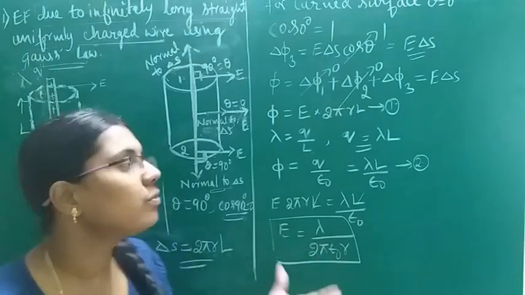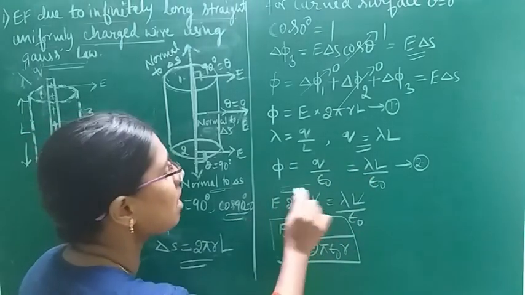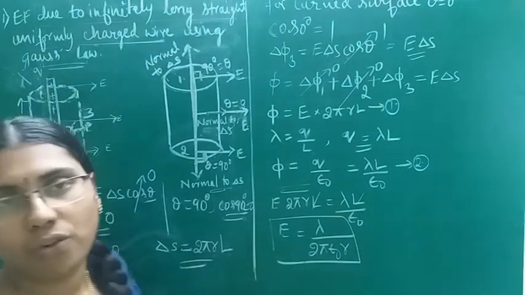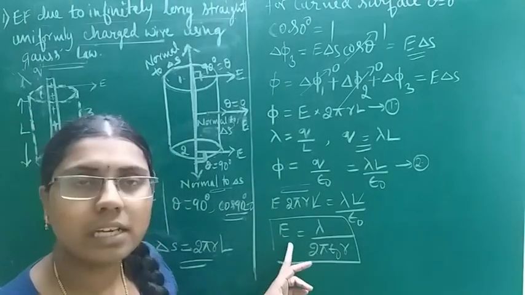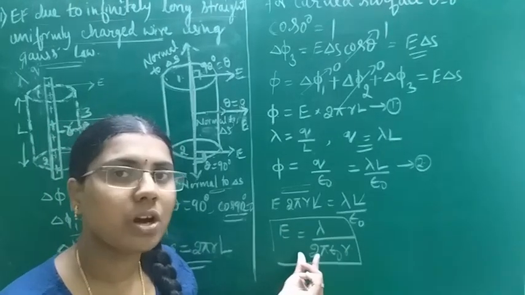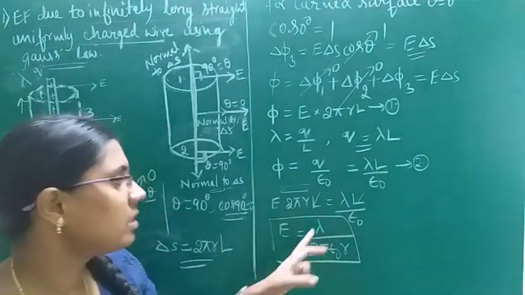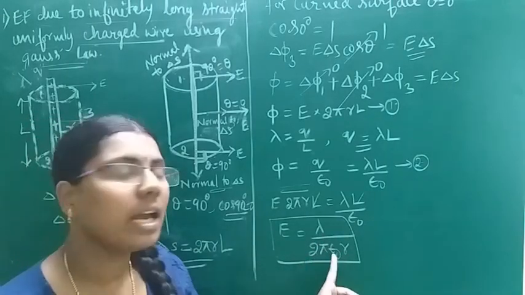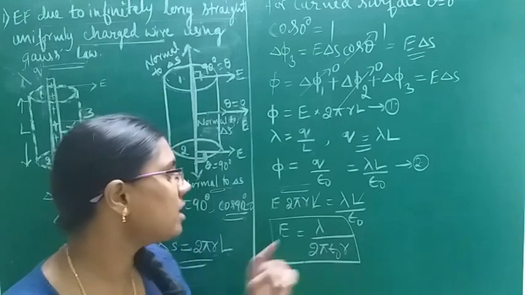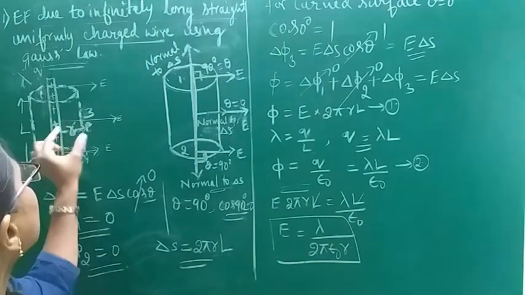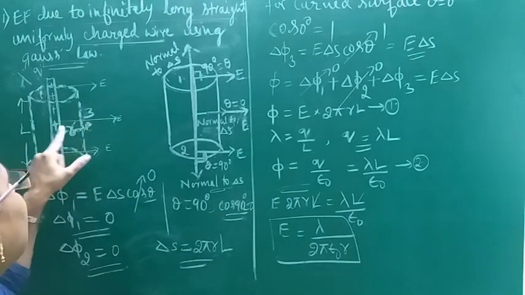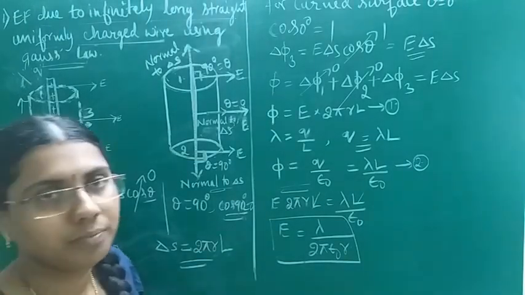In this way, by using Gauss law, we can find the electric field due to an infinitely long straight uniformly charged wire, and it is given by lambda by 2 pi epsilon naught r. Here lambda is the linear charge density, epsilon naught is the permittivity of free space, and r is the distance of the observation point, the point where we find the electric field, from the charged wire.